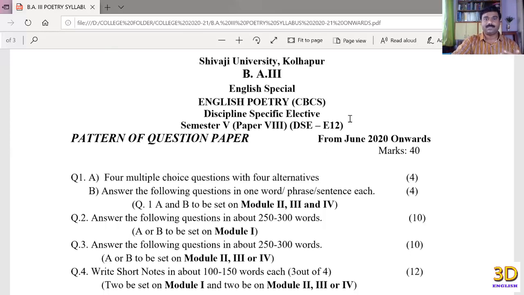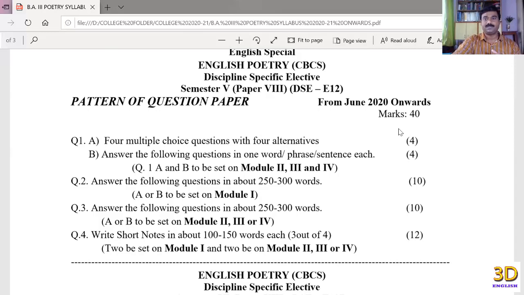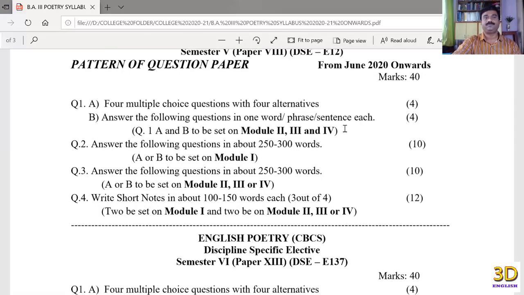It becomes very important for us to know what type of question paper there will be. So this is the pattern of the question paper. The question paper will be for 40 marks, and there will be 4 questions. You can see here that 4 multiple choice questions with 4 alternatives will be there for 4 marks. Again, question number 1B will be: answer the following questions in one word, phrase or sentence each.